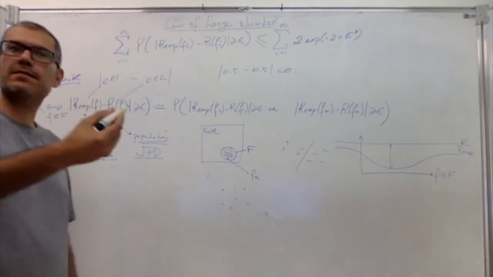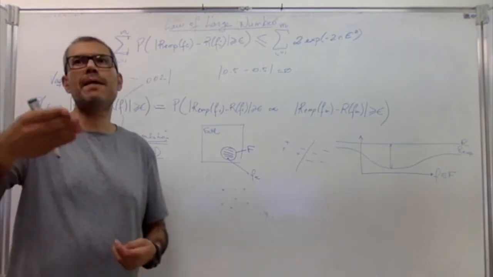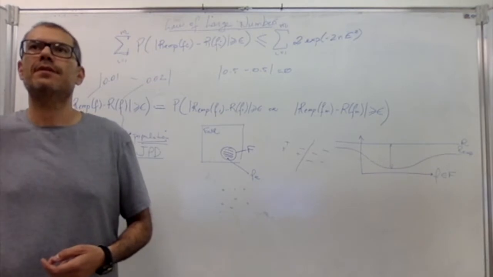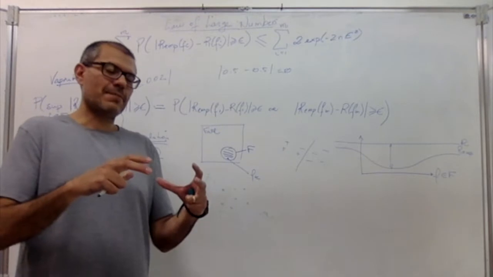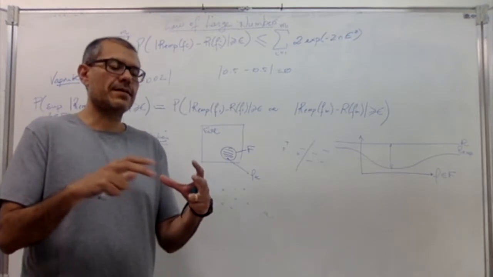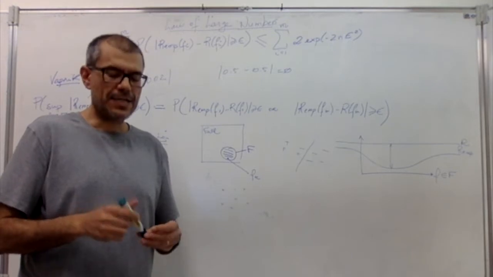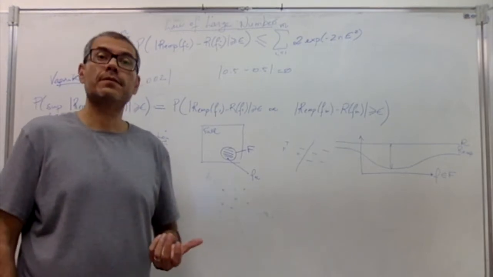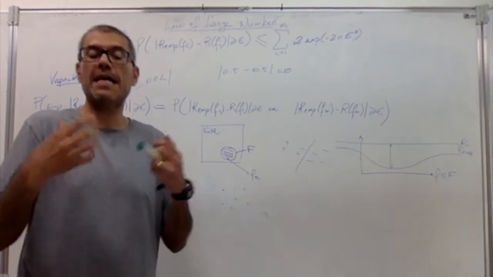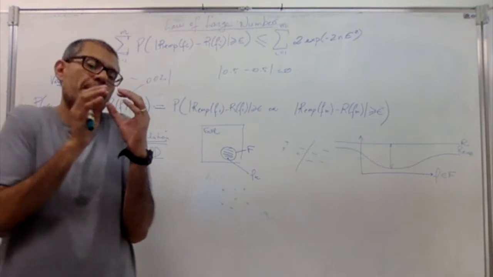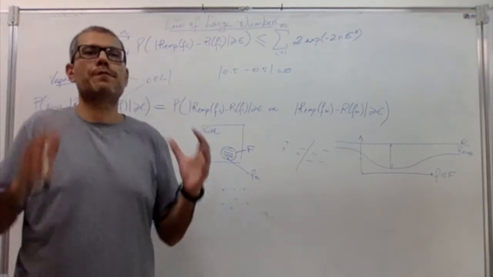So for example, in the deep learning scenario, that's the same as using an architecture with more or less units, more or less neurons per layer. If I have less neurons, I will have a space with less functions. If I have more neurons, I will have a space with more functions.